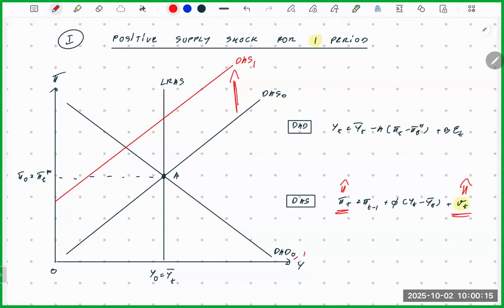I put comma 1 behind DAD. Equilibrium point, of course, changes from A to B. What happened? Everything becomes more expensive, pi 1. The economy slows down, y1. You see that? This is what happened.